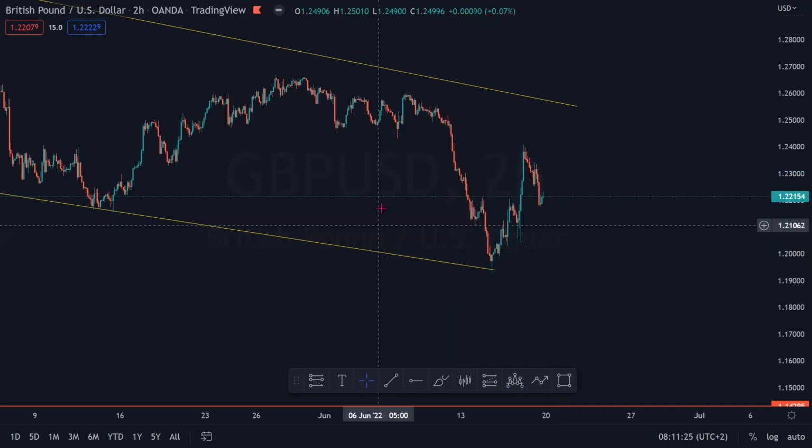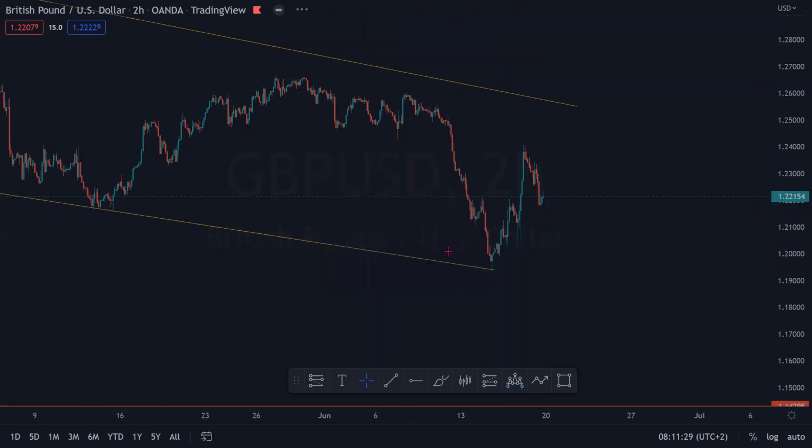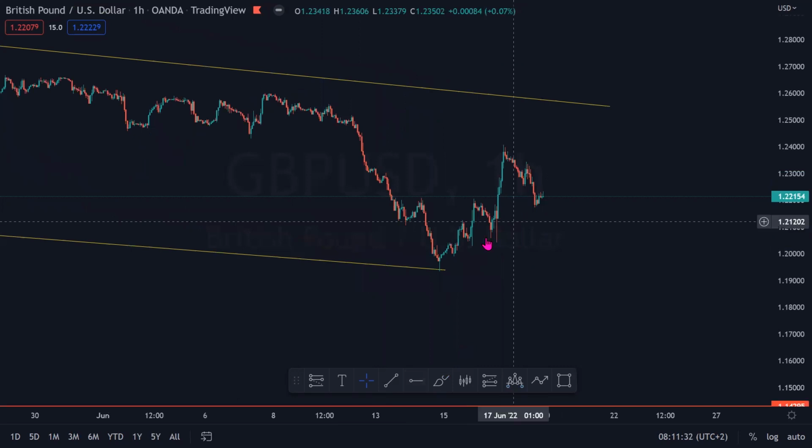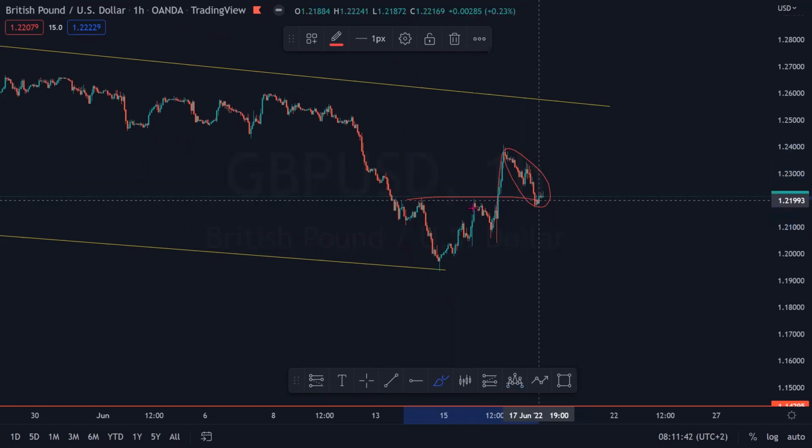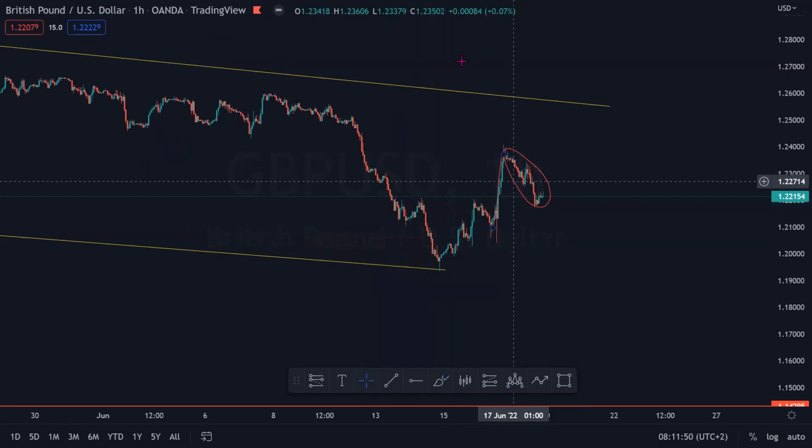So let me go to 1 hour again. Now the market went up impulsively. Then it started to create a correction, and it retested our neckline of the head and shoulder pattern.